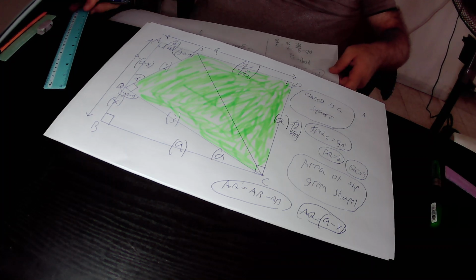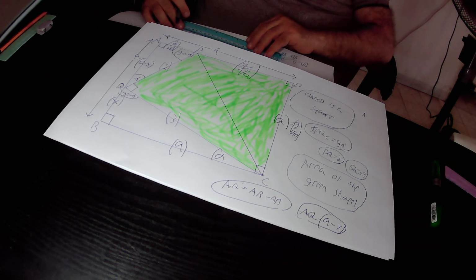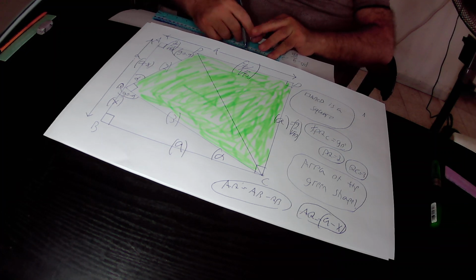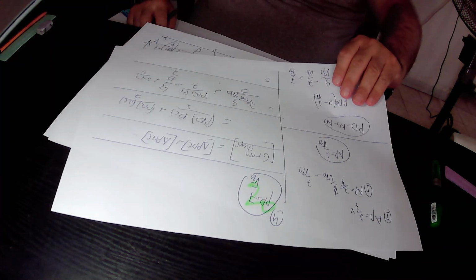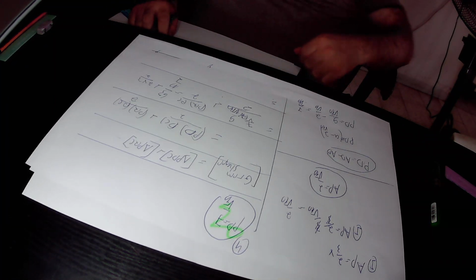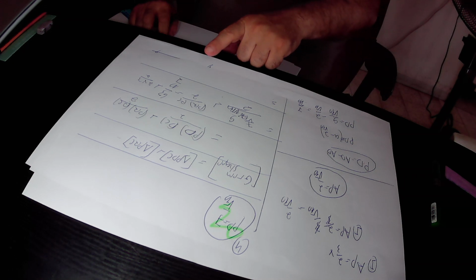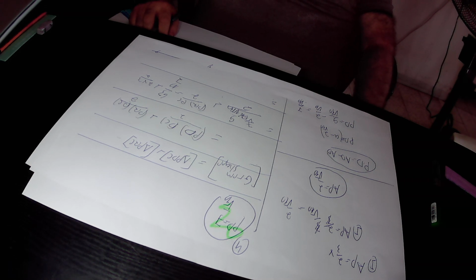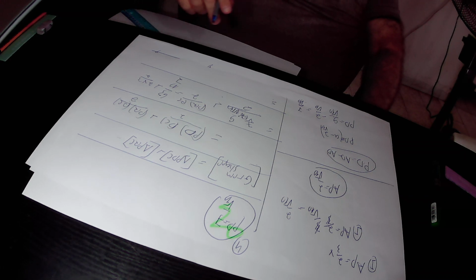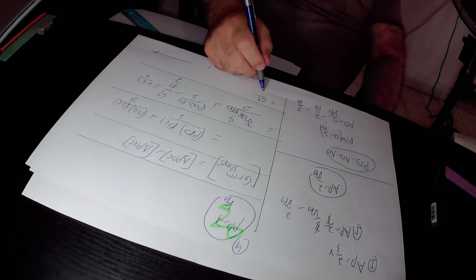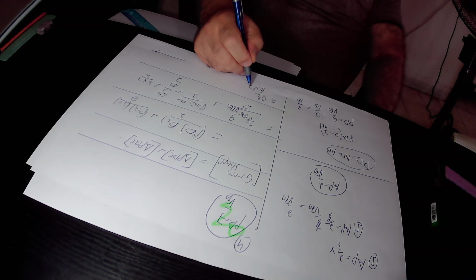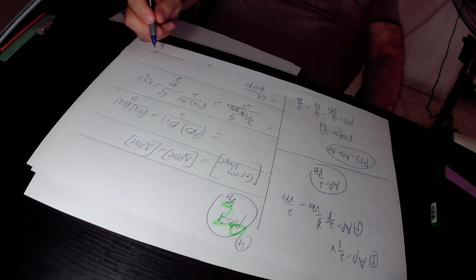So in total, the area of the green shape equals 63 over 10 over 2, which is equal to 63 over 10 times 2, plus 2 times 3 over 2.